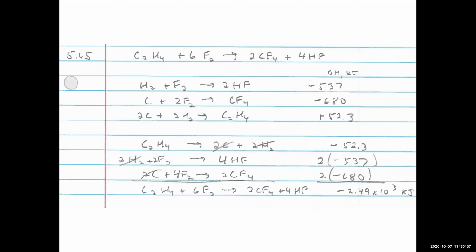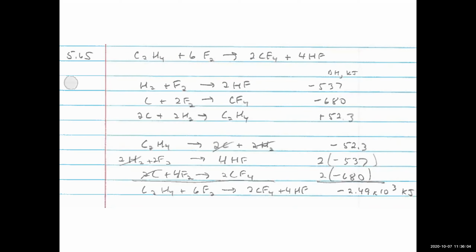Okay, now 5.65. Let's take a look at this one. So this is kind of an example of Hess's rule. We have a reaction, C2H4 plus 6F2 going to 2CF4 plus 4HF.